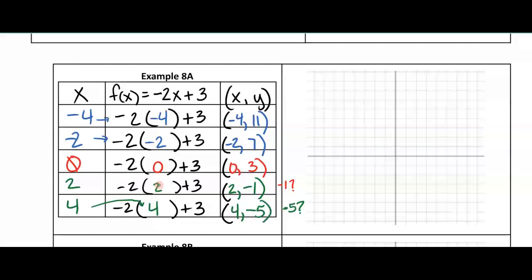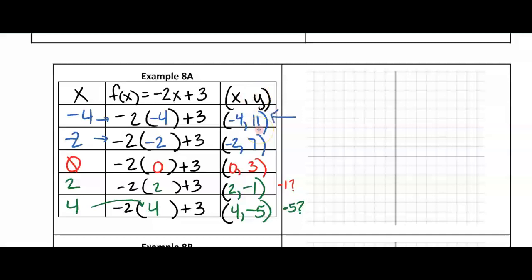So we see the pattern happening in the y based on the pattern happening in the x. And we'll explore that pattern in more detail in a future lesson. So we're just noticing it now, and that's good. So now we can follow through with graphing each of these ordered points. I'm going to start with this ordered point.